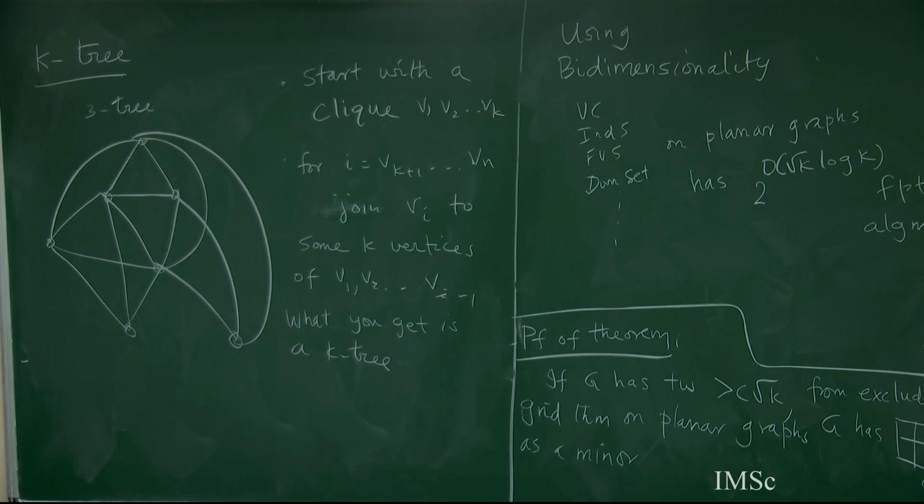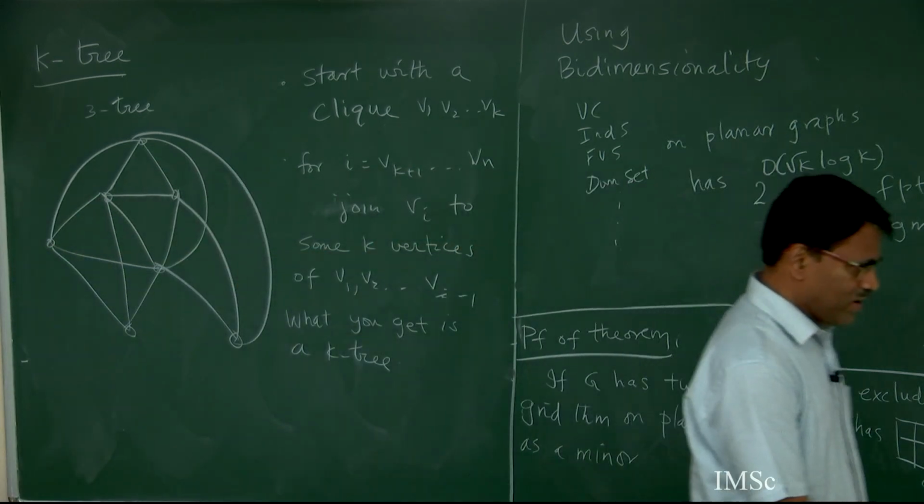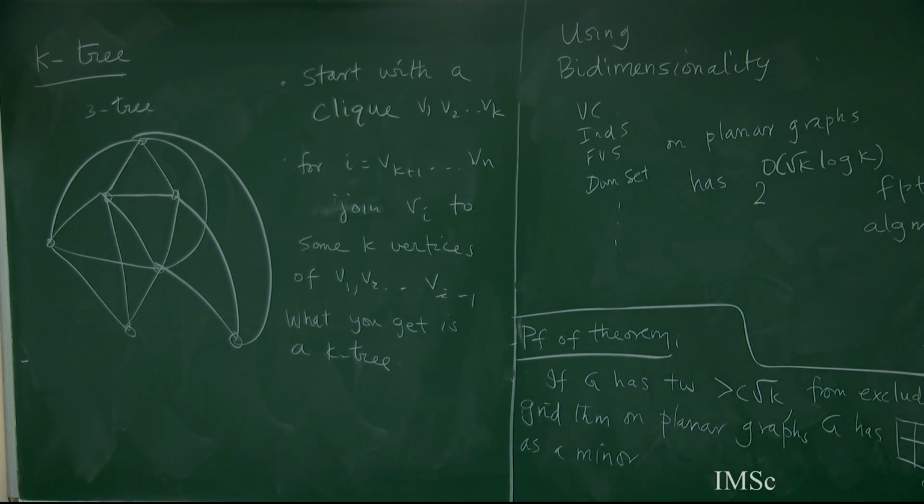So what is a 1-tree? Can you get every tree like that? You can prove by induction. Yes, a 1-tree is a standard tree, because you start with one node and then attach one node to it, choosing some vertex to which I attach it. I don't necessarily get only paths.